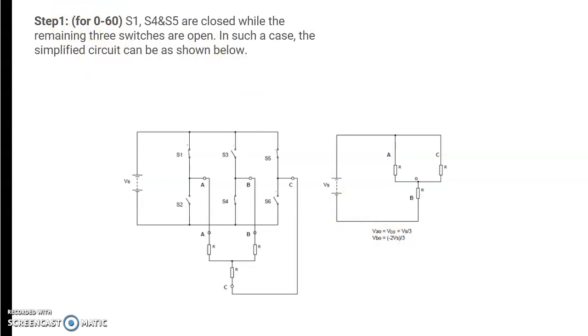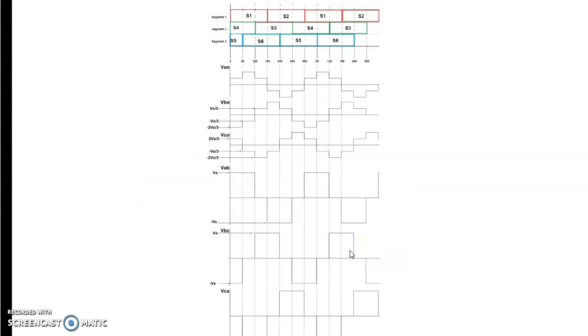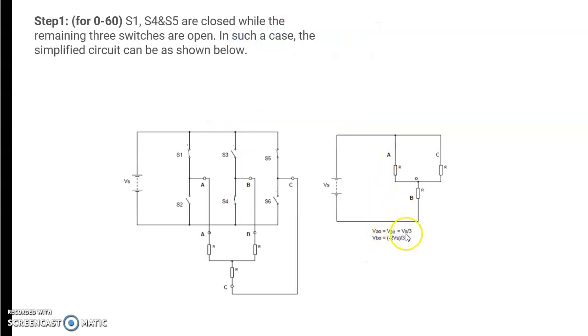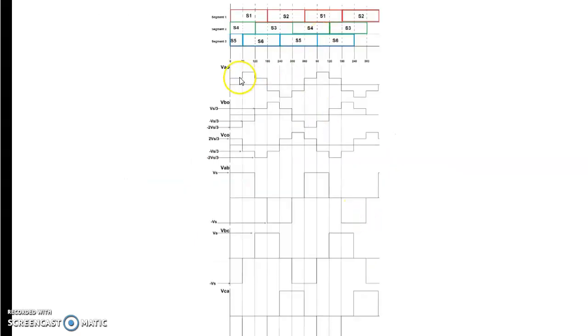In a similar way you can draw the equivalent diagrams, the conditions of this circuitry for every 60 degree, and write all these phase voltages like this. That is given here. Corresponding to 0 to 60 degree, VA0 and VC0 are equal to Vs by 3, but VB0 is minus 2 Vs by 3.